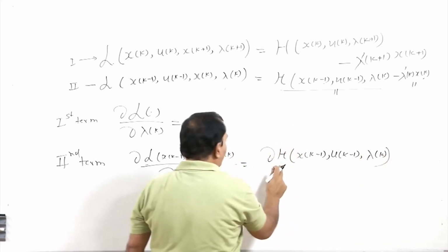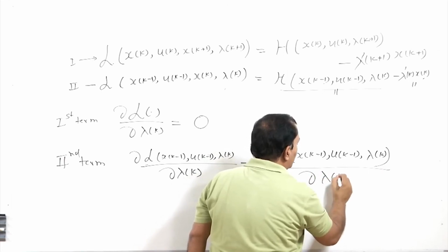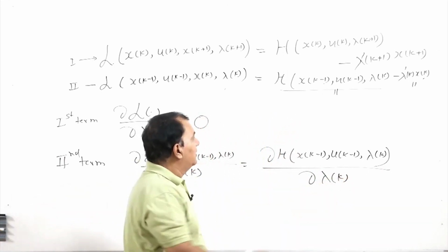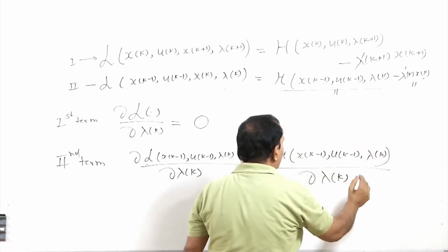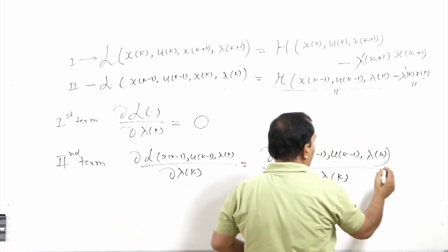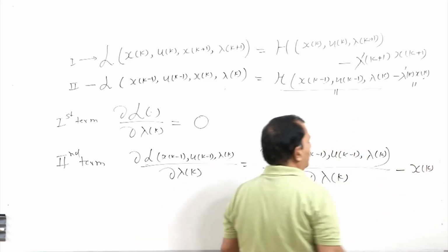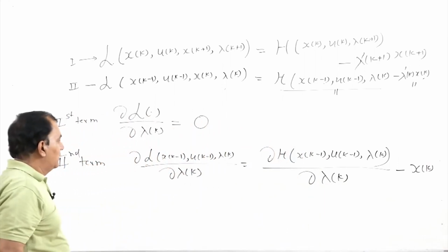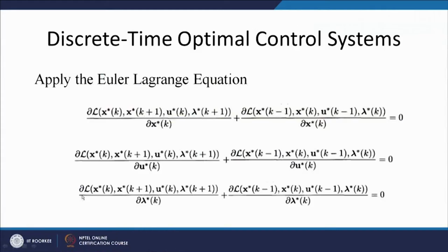So h I can differentiate with respect to lambda k, and lambda prime k x k, if I differentiate with respect to lambda k, gives me nothing but x of k. By adding these two terms, the first term written here and the second term, the sum equal to 0 gives me the EL equation.